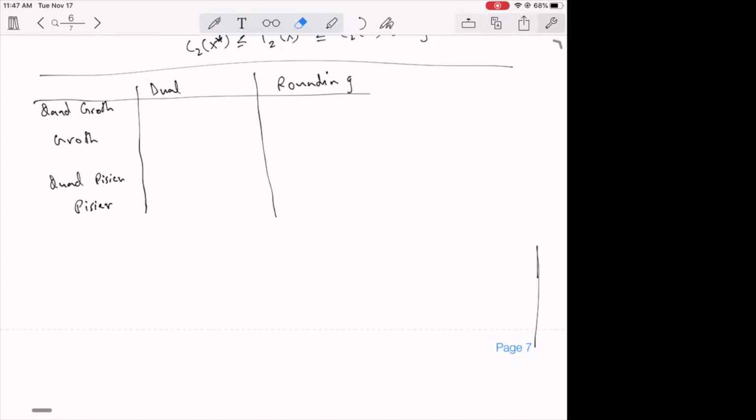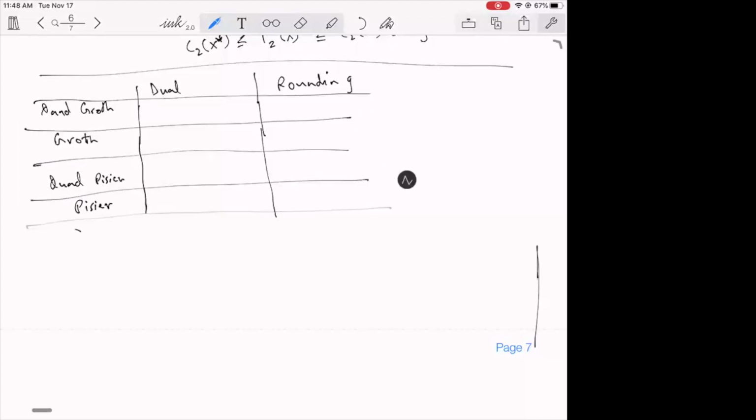Sorry, I accidentally erased. So today the revised plan will be to show you the quadratic Grothendieck and Grothendieck rounding algorithms in full detail. Initially I planned to also show you the duality step, which is extremely similar.